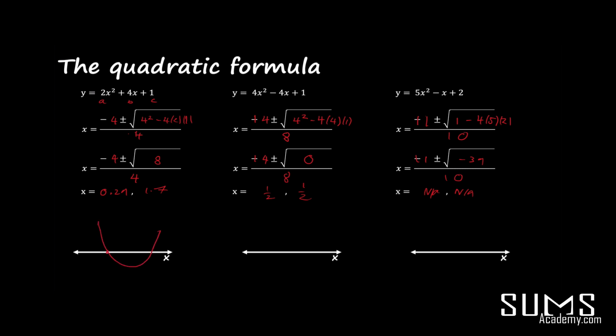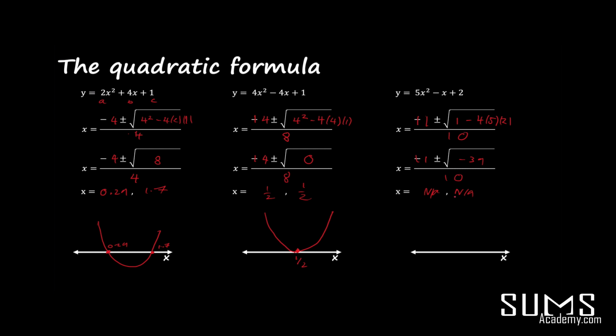We're saying it's cutting the x-axis at 0.29 and 1.7, okay? What about this one here? We're saying it's got a double root, so that means it's just going to touch the x-axis here at x equals 1 over 2. So what we call a double root.